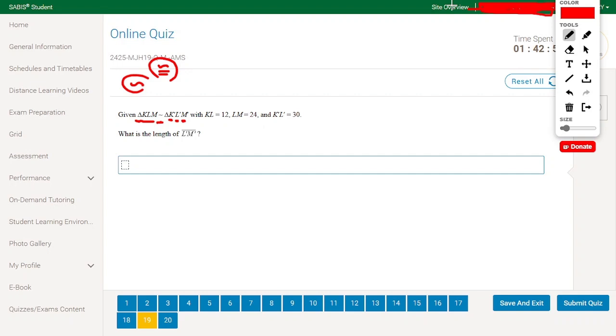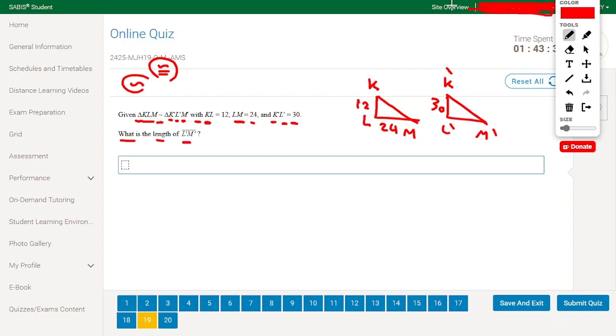Let's say I have any triangle KLM, similar to K dash L dash M dash, with KL equal to 12, and LM equal to 24, and K dash L dash equal to 30. Now here, what is the length of L dash M dash?